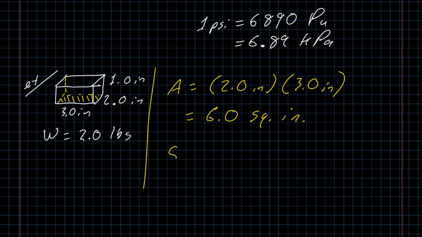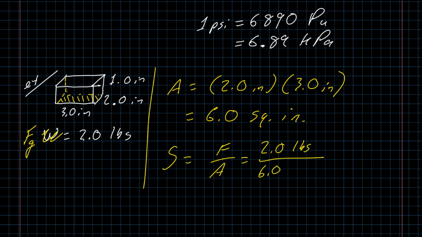And then the stress is going to be the force divided by the area, and weight is a force. It is the force of gravity. So we actually have that number. The force is 2 pounds. The area is 6 square inches. And that comes out at 0.33 psi.